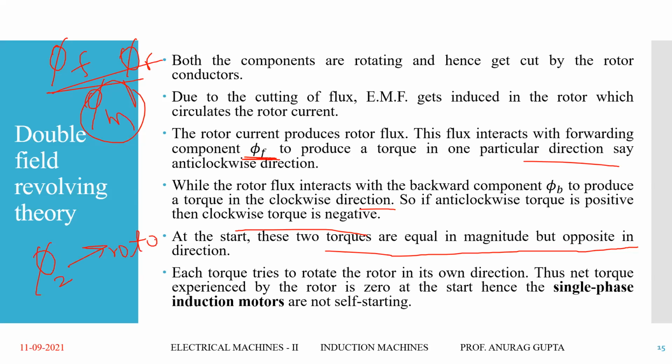Whenever phi f and phi 2, and phi r and phi 2 are linking, they give torque in reverse directions. At the starting 0 degree, phi f and phi r are both equal, so both create the same torque in opposite directions. So what is the net torque on the rotor? It will be 0 at the starting, and that's why single phase induction motors are not self-starting.